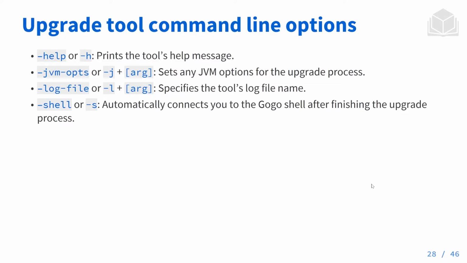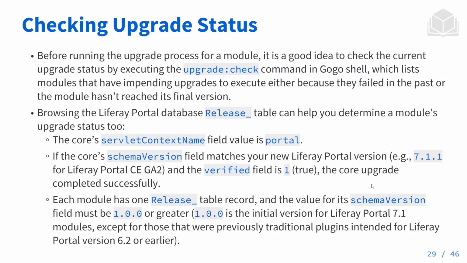And then -s will connect us to the GoGo shell after the upgrade process is finished. You're already going to be connected to the GoGo shell anyways, so this isn't always necessary. But if you want to be explicit, just in case you ran into some funny things, then by all means, go for it.